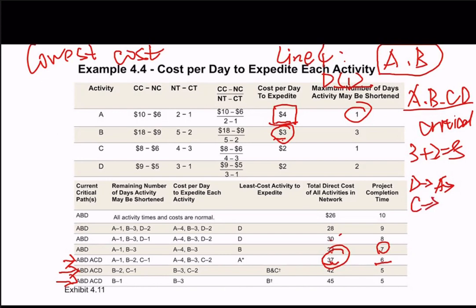So the only activity we can still reduce the time for is B. Because all of them are on the critical path and we can only change B and we are not able to change C, the total completion time will not be changed. It will still be 5 days because we are not able to change C. But the total cost, because you want to reduce B, will be 42 plus 3, because B has 3, so it's 45.